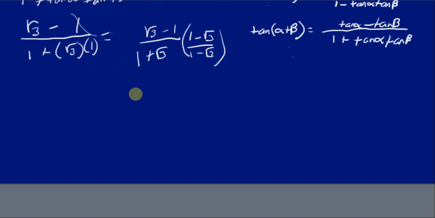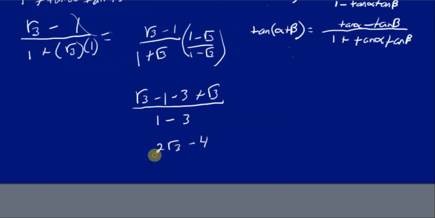Okay, so we're going to have to FOIL, so that's going to give me root 3 in the numerator for my first terms, my inners is going to be minus 1, my outers is going to be minus 3, and the last terms is plus the square root of 3. In the denominator, we're multiplying conjugates, so it's going to be the difference of the squares. So up top, I've got 2 times the square root of 3 minus 4 all over 1 minus 3, or a negative 2.